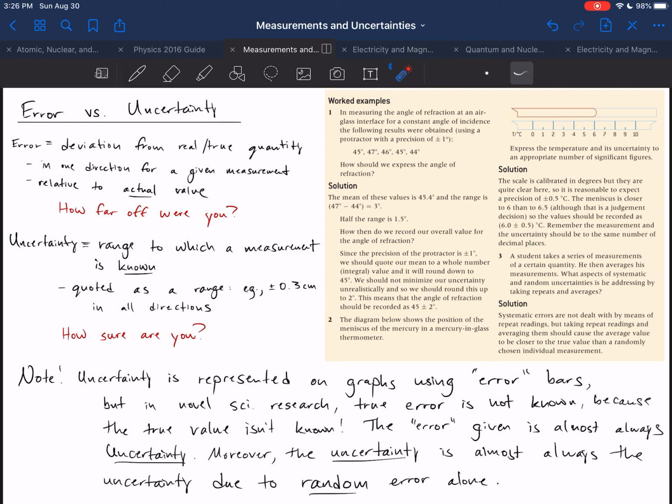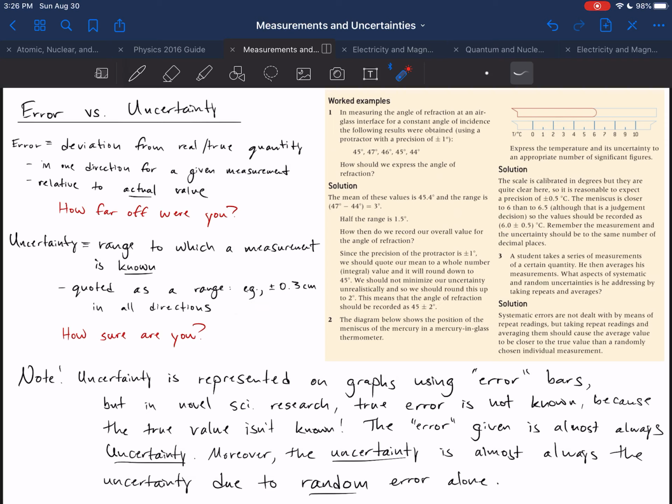This is going to be tricky, so I'm going to say this a couple of times. We are using the random error to give an uncertainty, but an uncertainty is about us. That means you don't need the random error to give an uncertainty. If you take a single measurement, you cannot possibly have measured the random error, but you can always give an uncertainty. If you measure a time and it's 1.2 seconds, but you're a little unsure about it, you think maybe it could have been a little more, a little less, you might represent that time as 1.2 plus or minus 0.2 seconds.